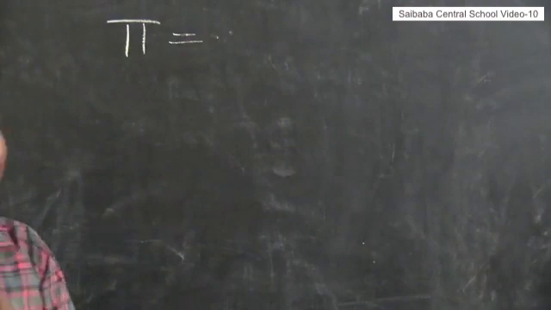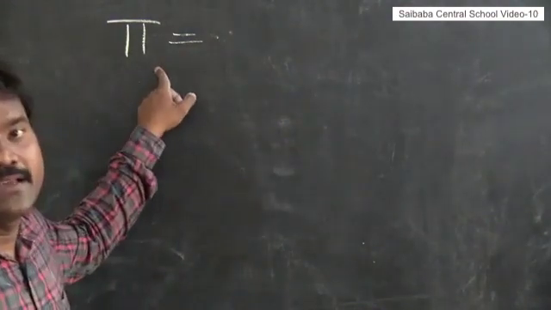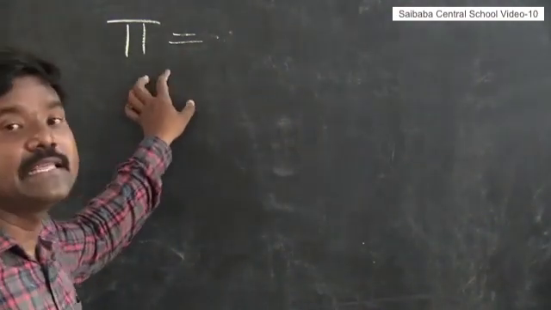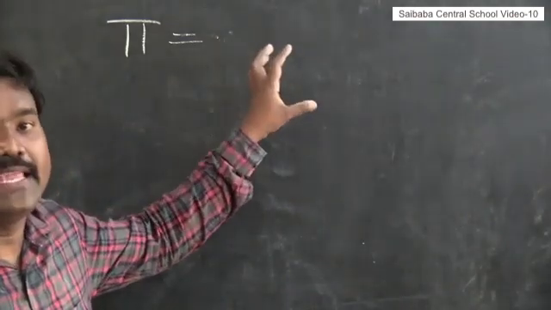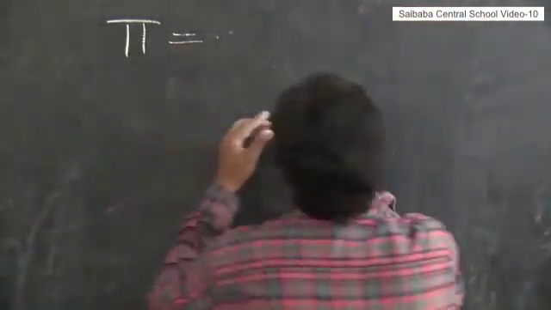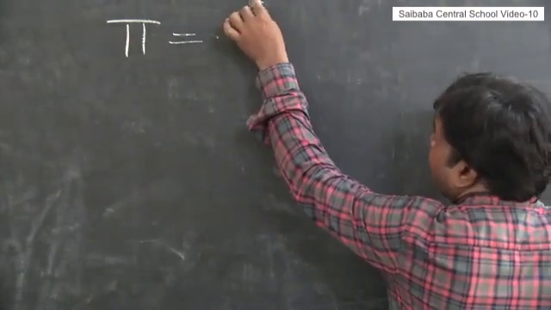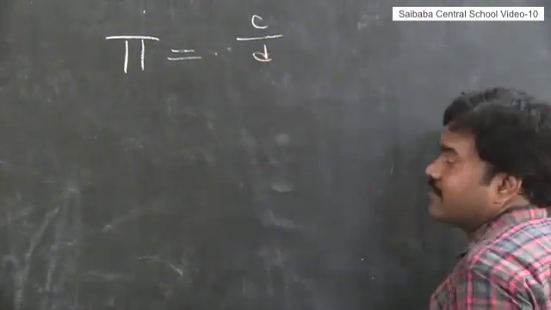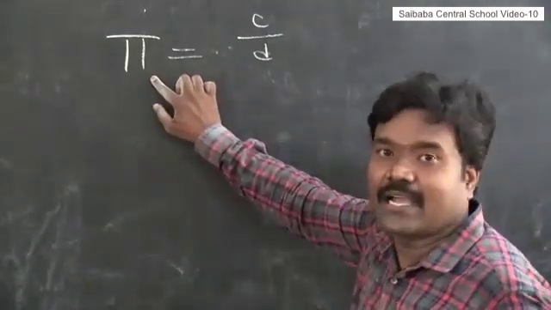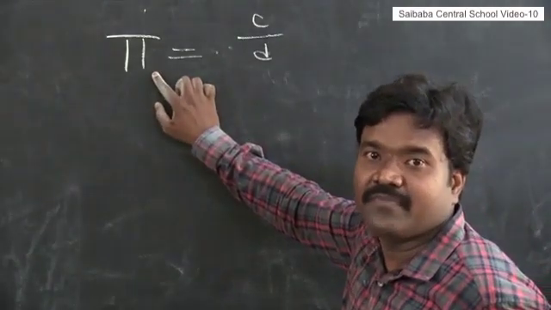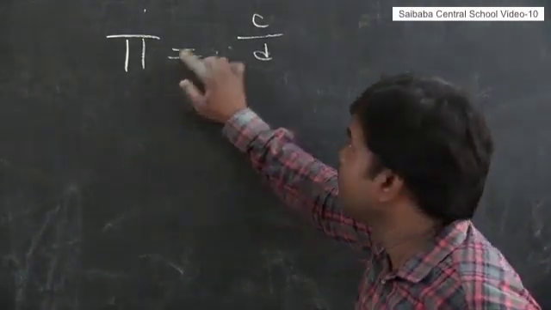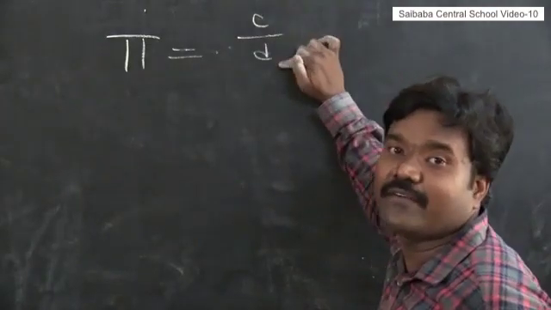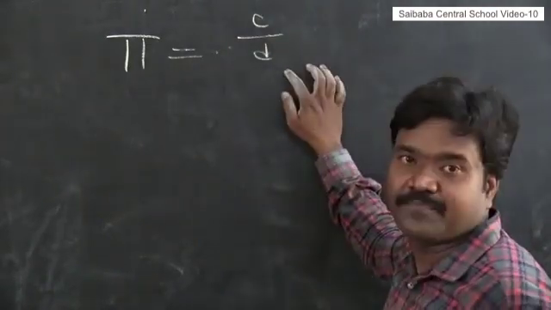Pi is the ratio between circumference and diameter of a circle, C by d.